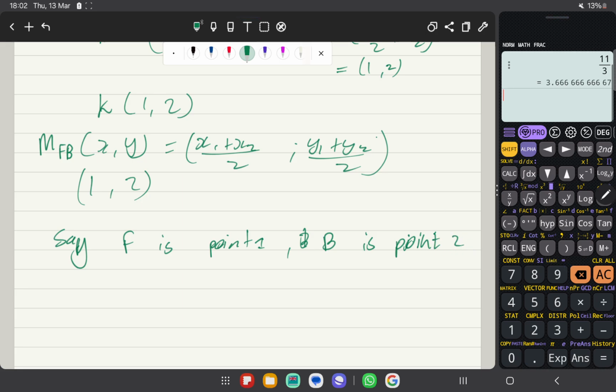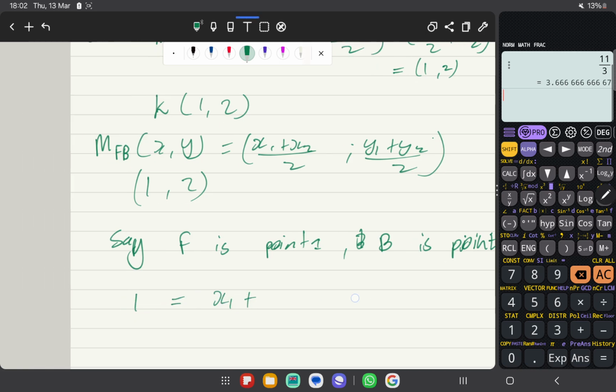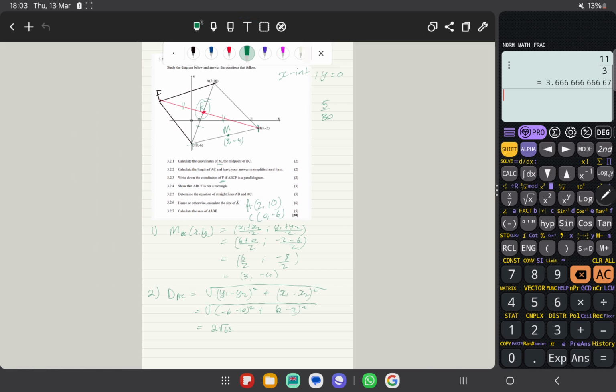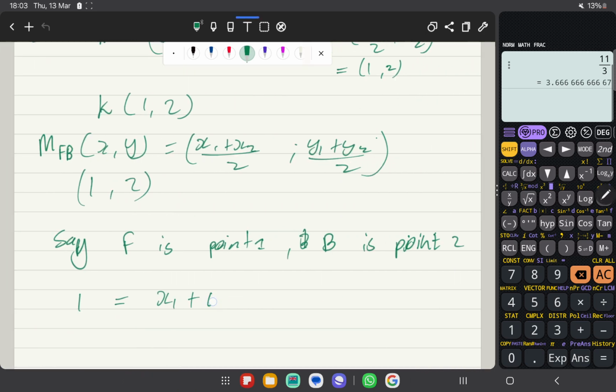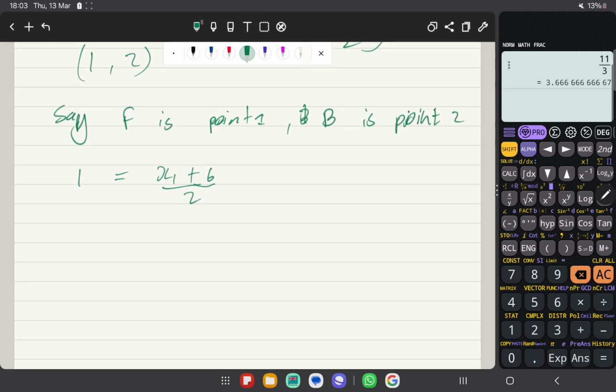If that is the case, I can say 1 is going to be X1 plus X2, where X2 comes from B, which is 6, divided by 2. Now I'm solving for X1, so this is over 1, of course. Then I have 2 equals X1 plus 6, so X1 is 2 minus 6, which is minus 4.